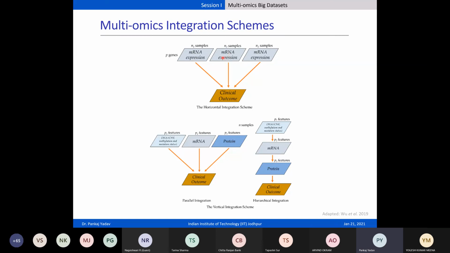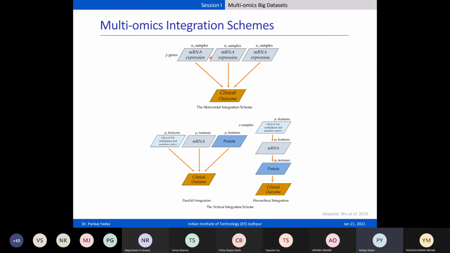So now we have different sets of individuals which have the same type of data, on the same genes. This kind of data may be available, and what can be done is we can perform a horizontal integration.